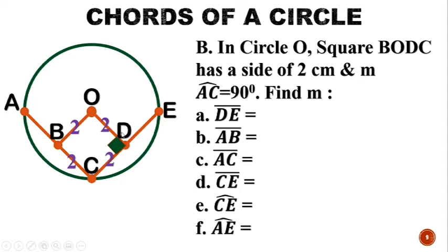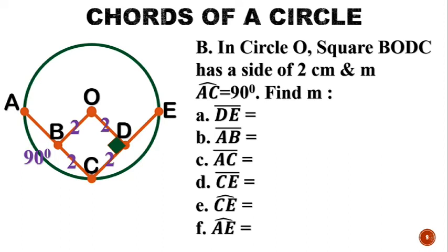So, that suggests na etong side na to will be the same as this side. Okay, let's deal with that later. Nasaan muna yung arc AC? This is arc AC, and that measures 90 degrees.